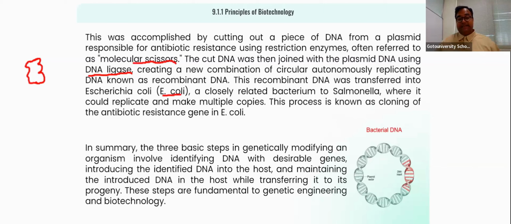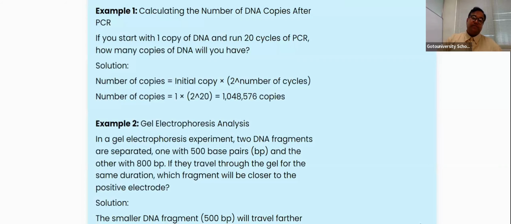By using DNA ligase enzyme, I attach the two different species' DNA. These steps are fundamental to genetic engineering and biotechnology, right? We are introducing the gene of interest into the host DNA by using the microorganism.